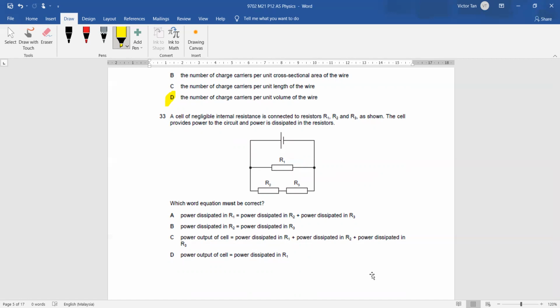So, okay, this is by elimination. I'm going to tell you, doing an objective paper is not only knowing the correct answer, it's knowing the wrong answer also. So R1, R2 and R3 are different resistances. Okay, so power dissipated is I squared R. So this is not possible.